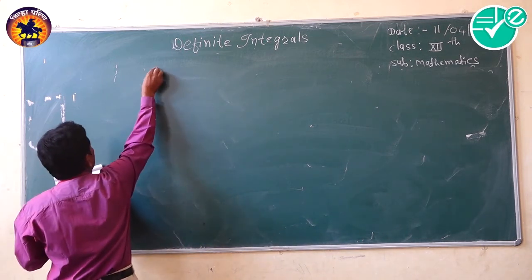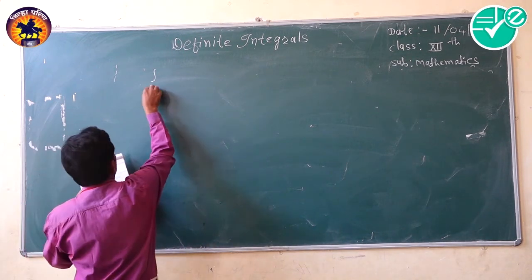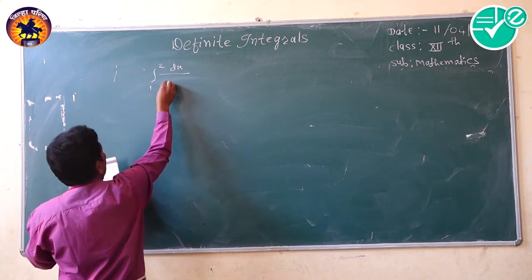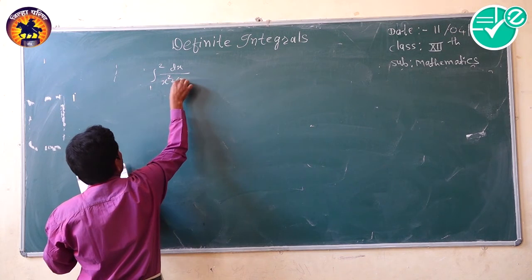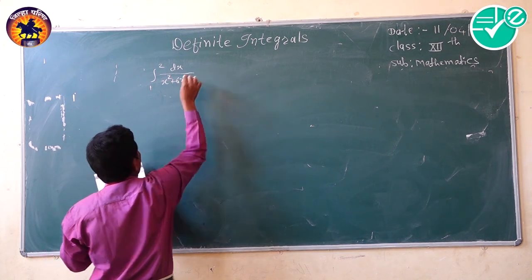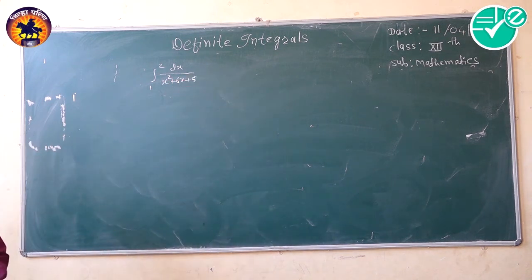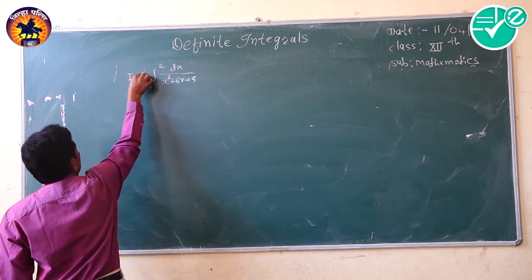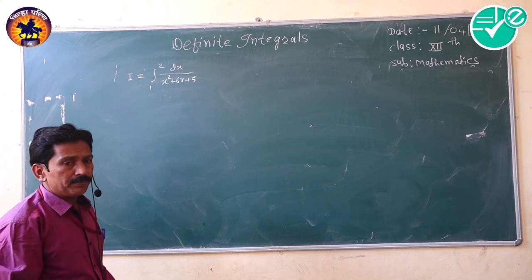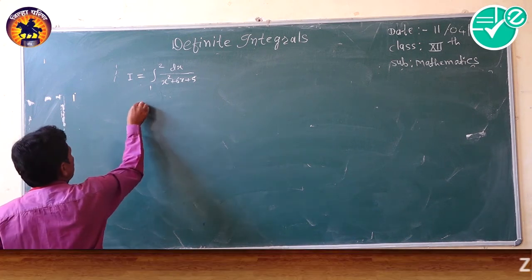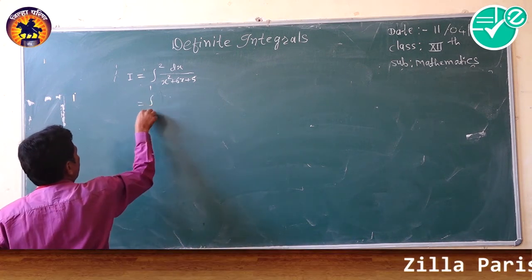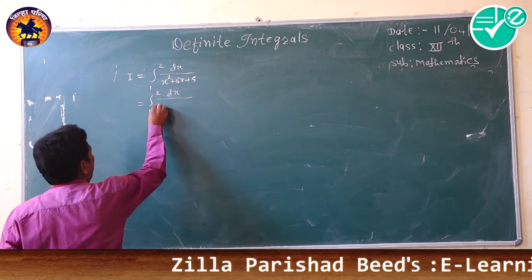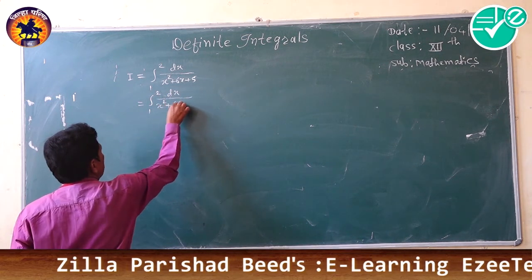Evaluate integration from 1 to 2 dx by x square plus 6x plus 5. Let I is equal to this. This is equal to integration from 1 to 2 dx by x square plus 6x.